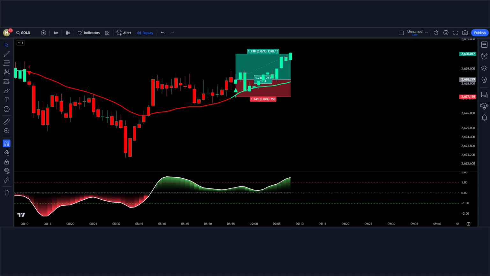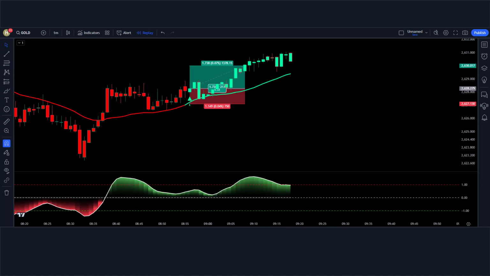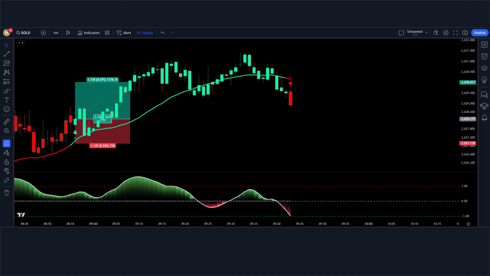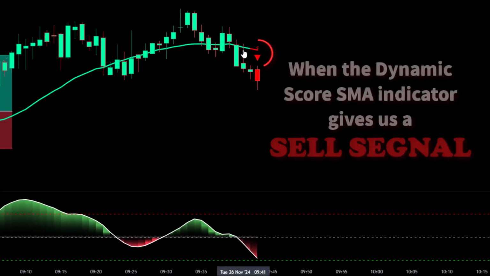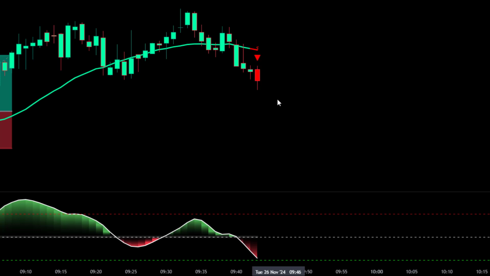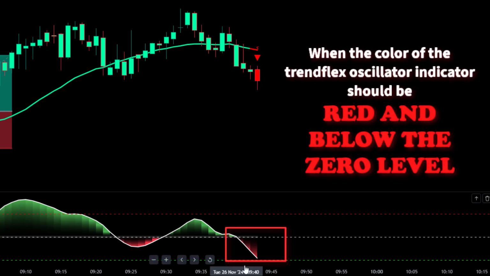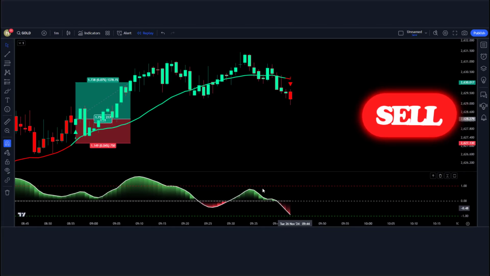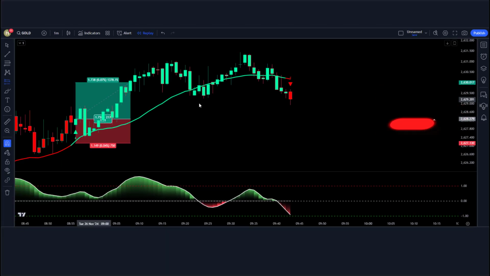Now let us understand the short position. When the Dynamic Score SMA indicator gives us a sell signal, when the market has formed a bearish candle, and when the color of the TrendFlex oscillator indicator is red and below the zero line, if this condition is fulfilled, then we will place a sell order.